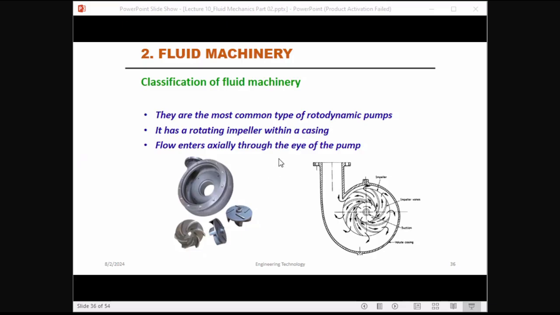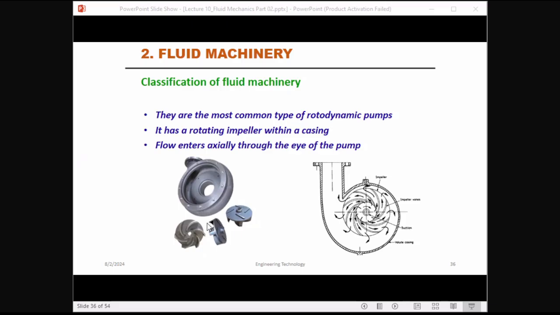The important thing is this impeller. The impeller is typically made of metals or composite materials, designed to impart kinetic energy to the fluid.